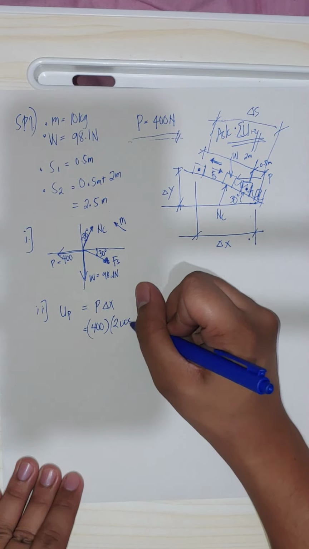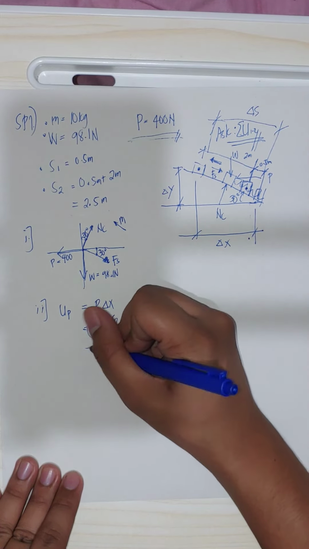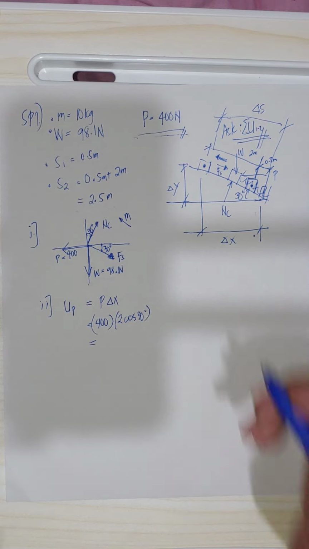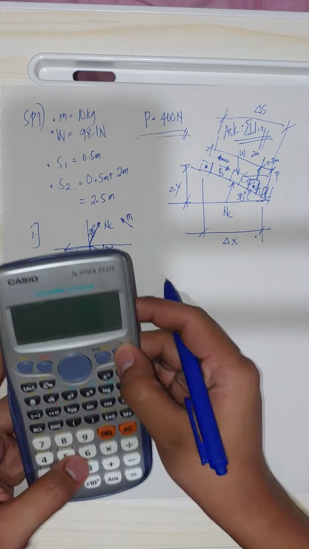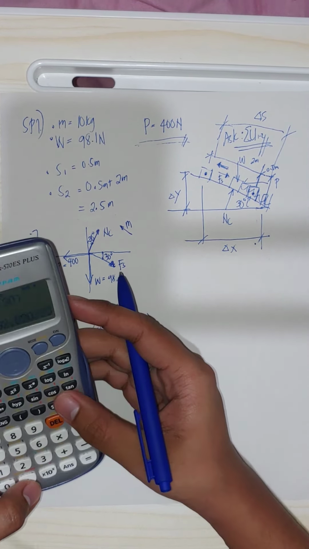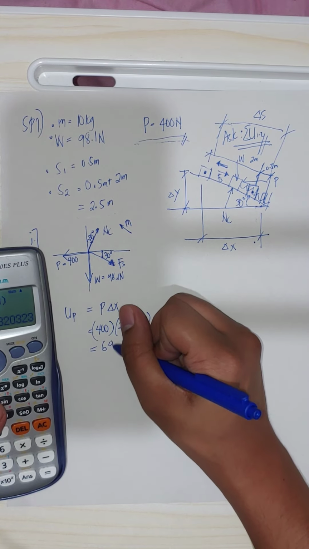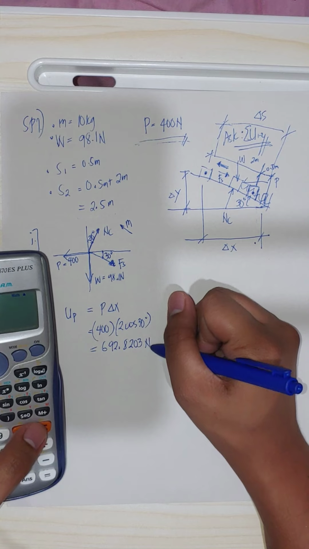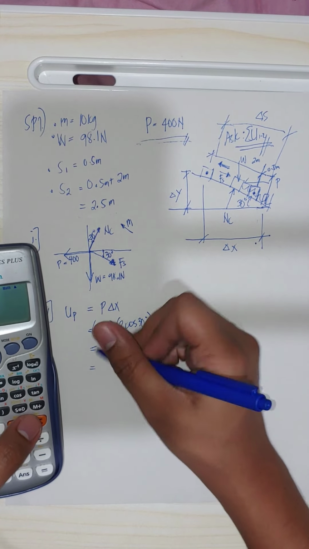The cosine 30 degrees. So 2 meters cosine 30 degrees, times 400, is equal to 692.8203 Newton meter. So Newton meter is just equal to joules.